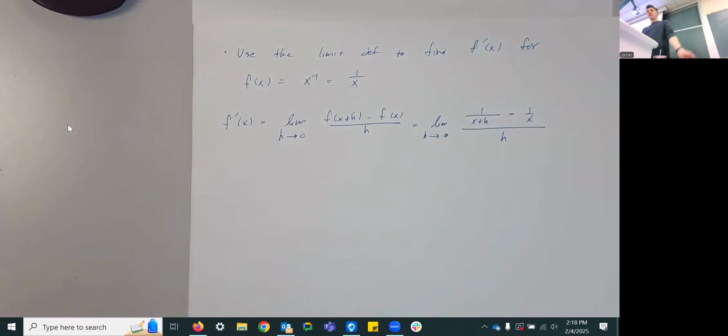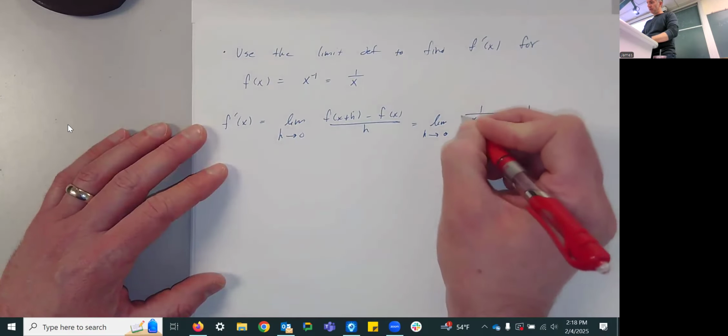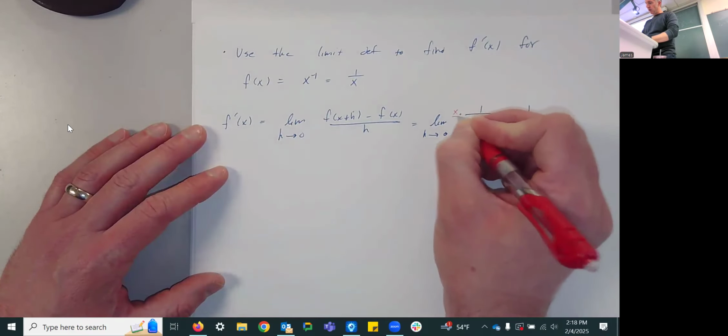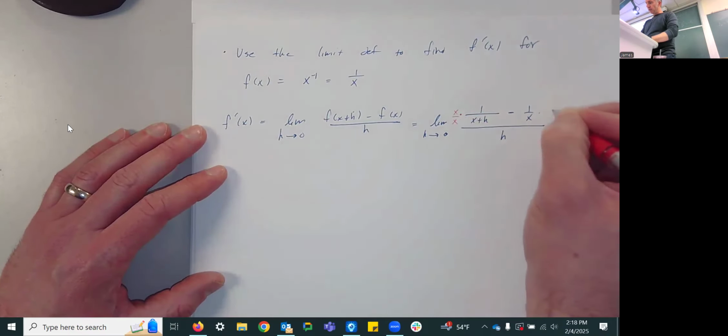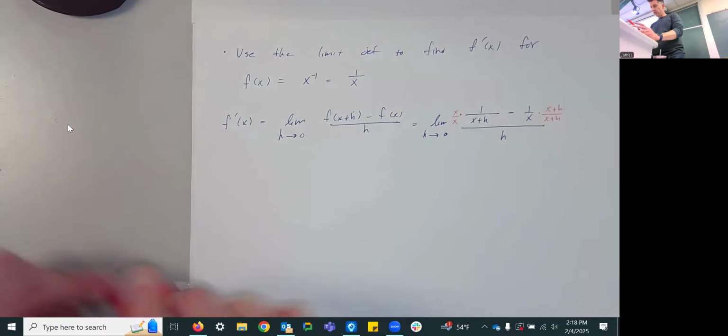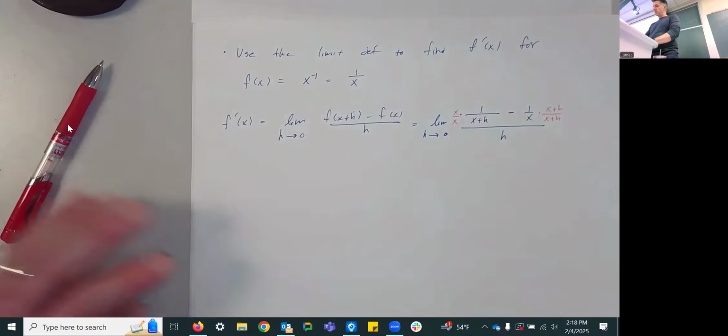And unlike the previous examples, I can't just multiply it out and have the things that I want to cancel. I have to do other work here. I have to get a common denominator. So I'm going to multiply my 1 over x plus h by x over x, and my 1 over x by x plus h over x plus h. We do that, let's see what we get.